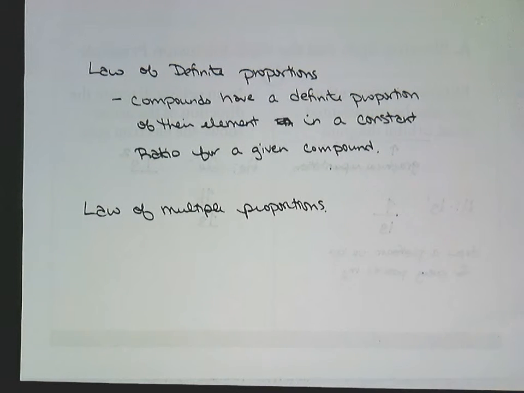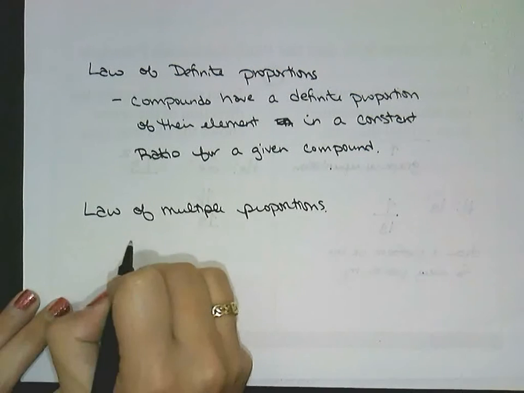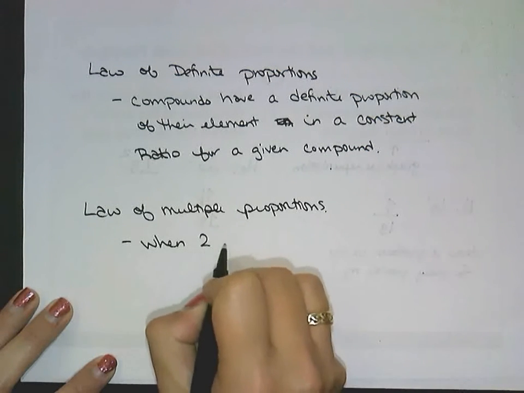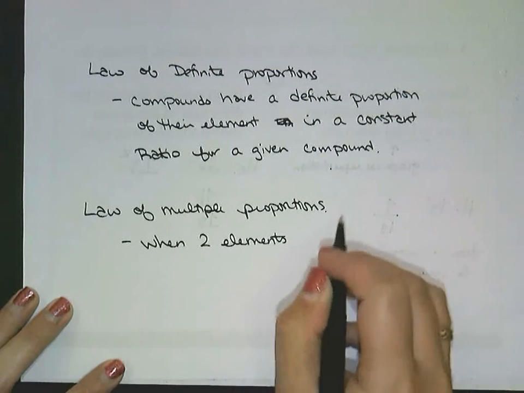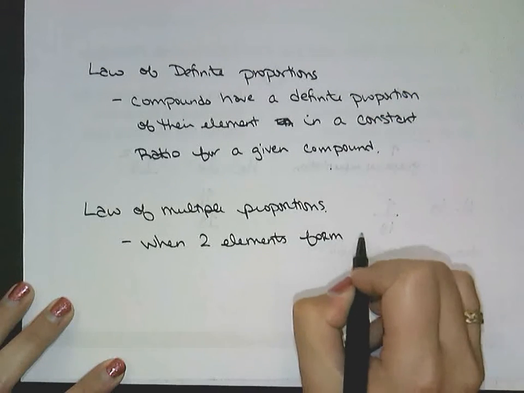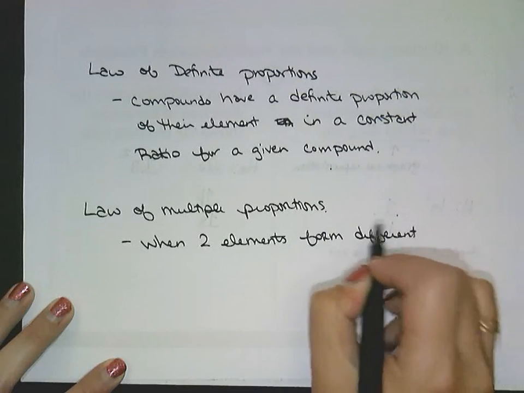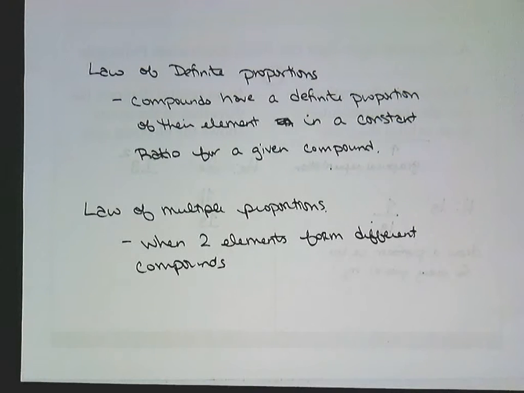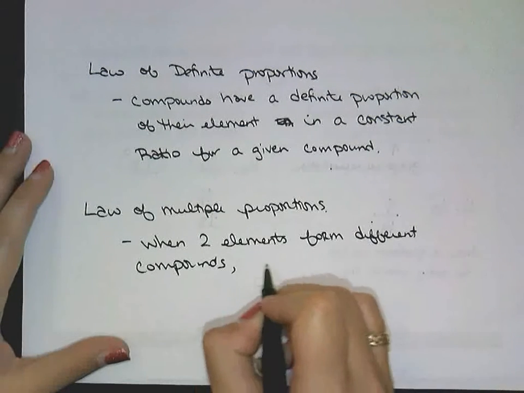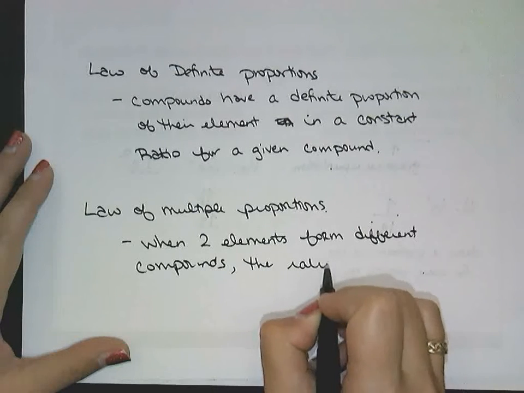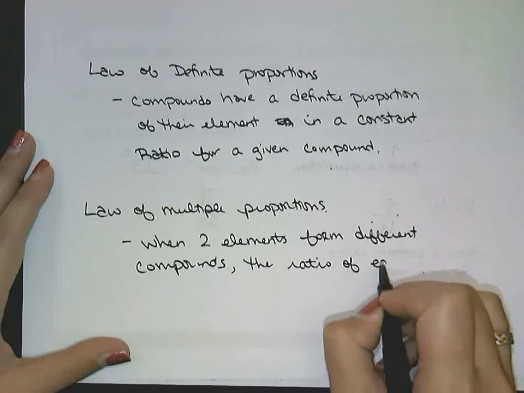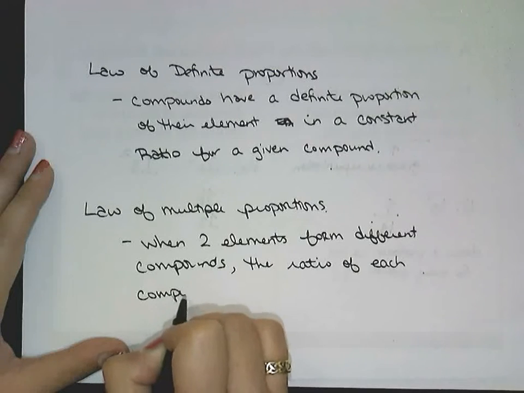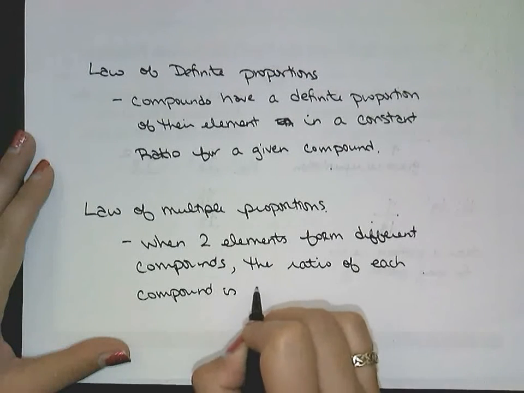If I have multiple proportions, it means that when I have 2 elements forming different compounds, the ratio of each compound is constant, but distinct from each other.